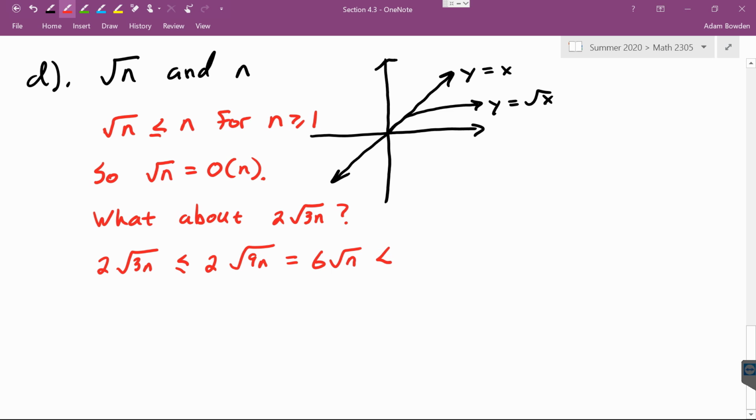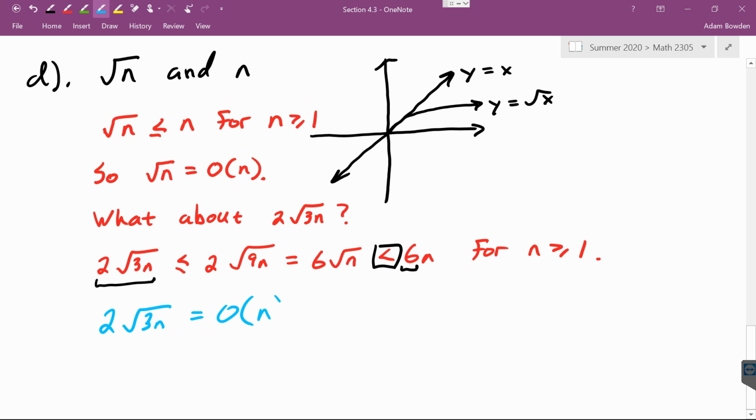And above we were saying, well, that's less than n, and so that would be less than 6n for n greater than or equal to 1. So even in the instance where we have other constants multiplying in here, it's still strictly less than a constant times n. So even 2 times the square root of 3n is big O of n.